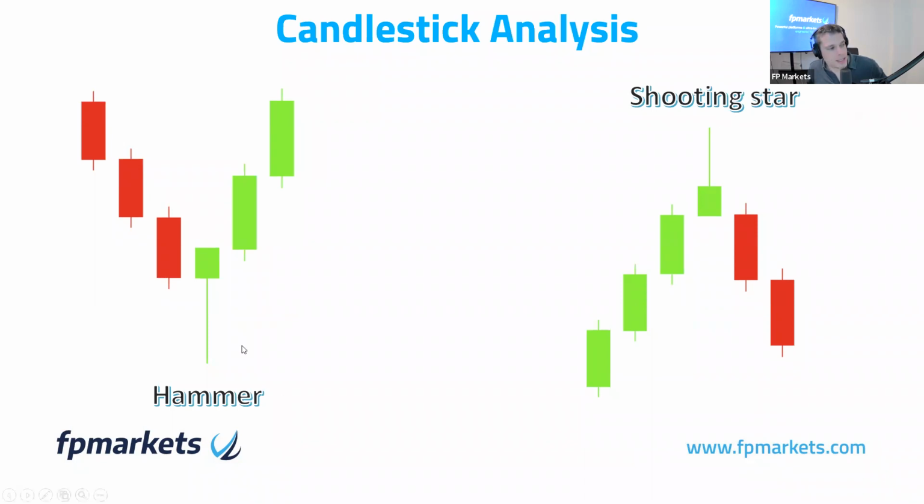So the hammer is considered a bullish signal formed by a long lower shadow, and a real body that closes near the upper range of the formation. And just to note that the candle's lower shadow needs to be at least twice the size of the candle real body.